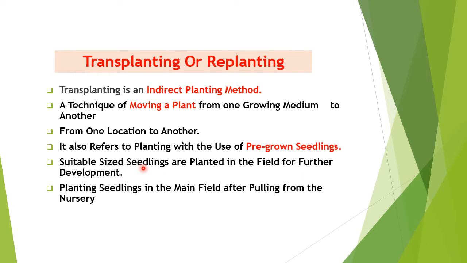Suitable sized seedlings are planted in the field for further development. Planting seedlings in the main field after pulling from the nursery. So you are getting pre-grown seedlings and planting them in the field. Transplanting or replanting is an indirect planting method where you take a pre-grown seedling from the nursery and plant it in the main field.